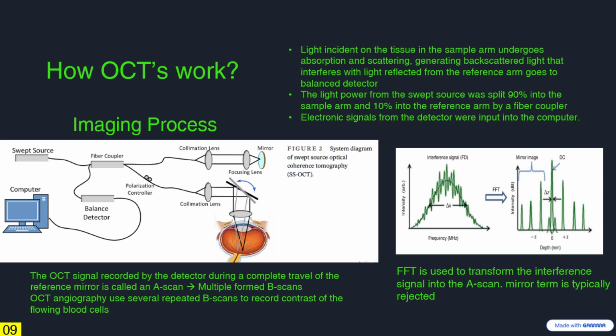Then multiple A scans can be formed into the B scan. This B scan is the cross section of the tissue, as we already mentioned before, and repeated B scans can also record the contrast of blood flowing blood cells. That's why we can also see the macula and the optic disc later by this B scan.